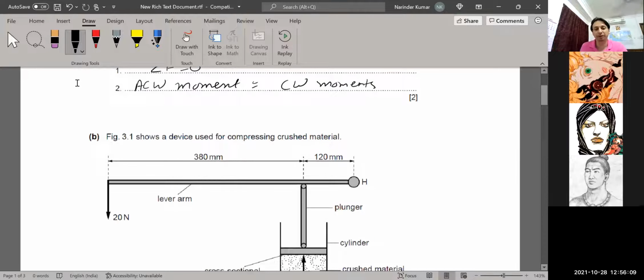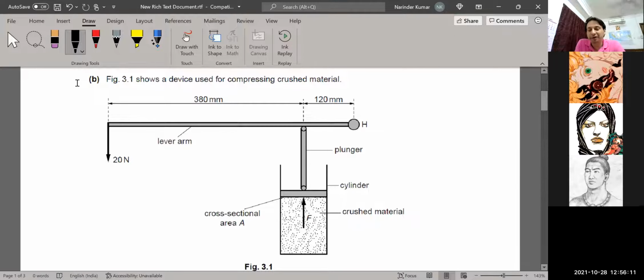Now question number B part. Read carefully, children, the statement. Observe this diagram. This diagram shows a device used for compressing crushed material.